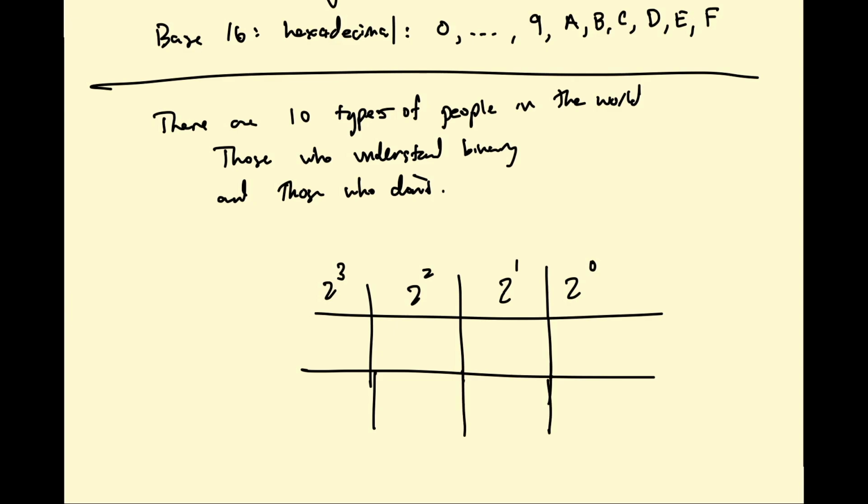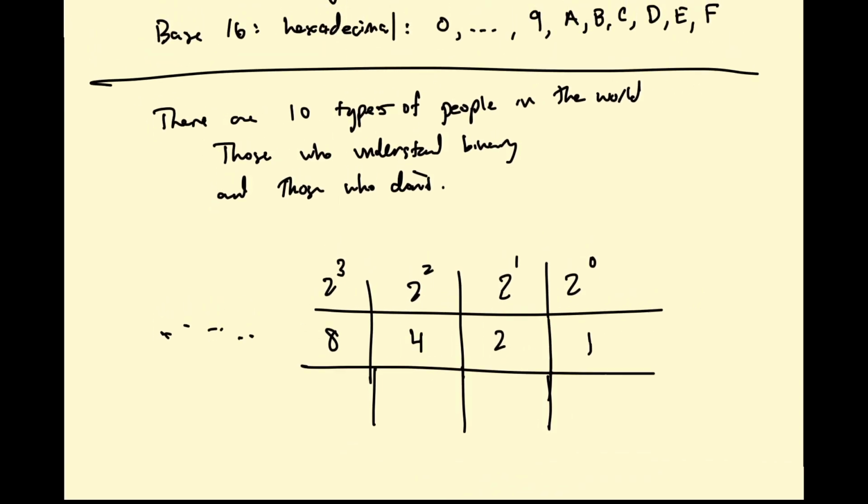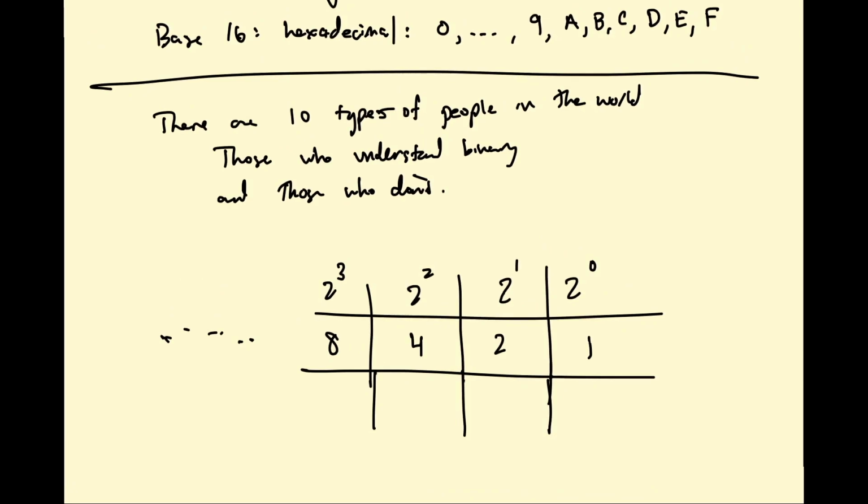So the values, of course, are 1, 2, 4, and 8, and we can keep going however long we want. And so if I have a 1 in the 2's place and a 0 in all the other positions, then that's why it means 2.